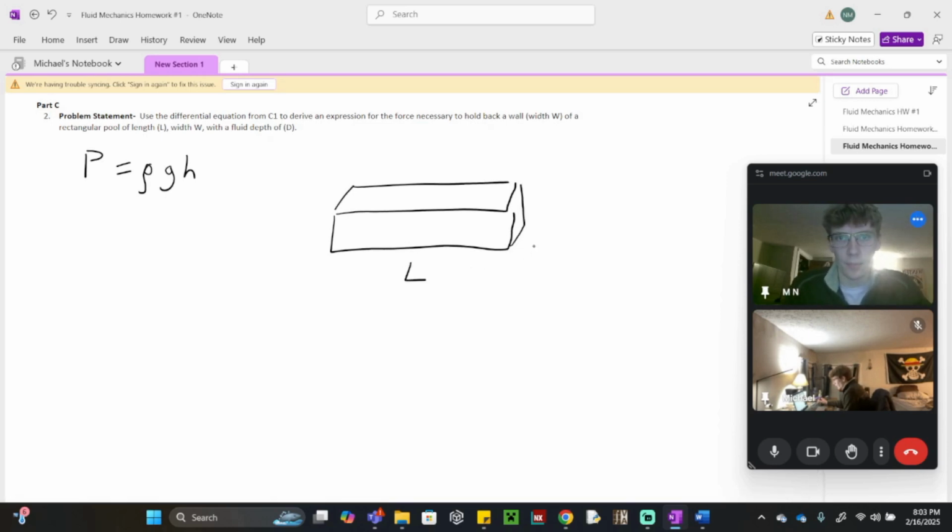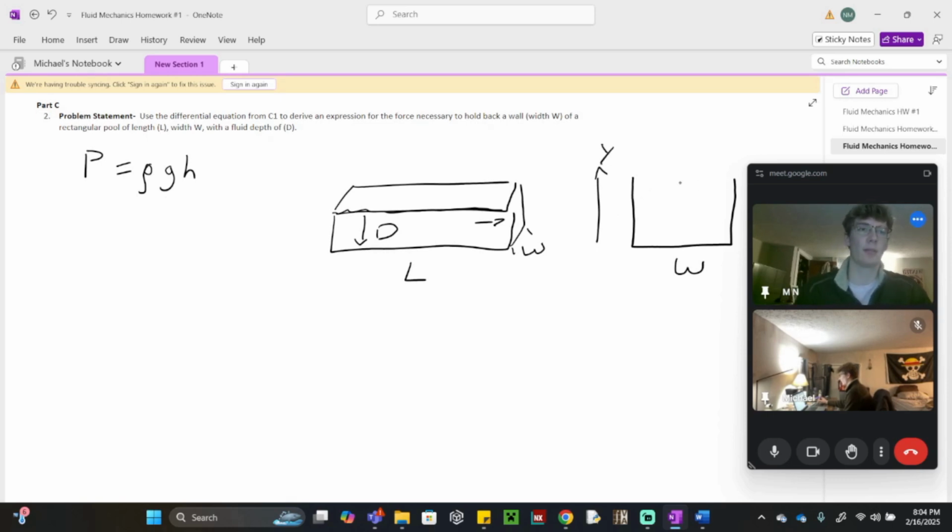It has length L with width W, and it is filled with fluid with a fluid depth of D. So let's take another diagram and we'll look at the wall that the force is acting on. So we have a pressure force acting against this wall of width W. And we're going to take this as Y.